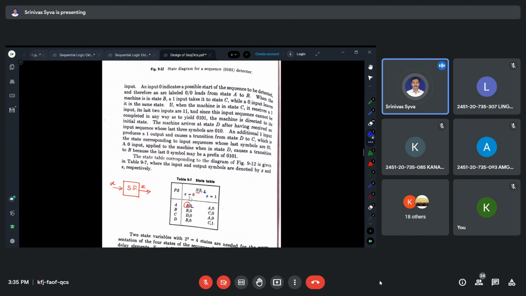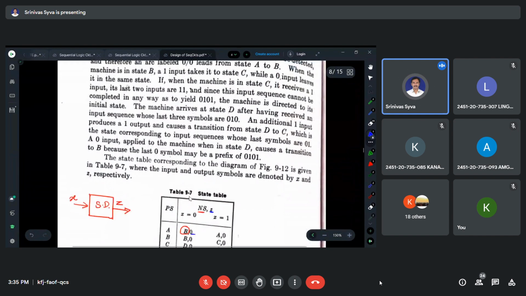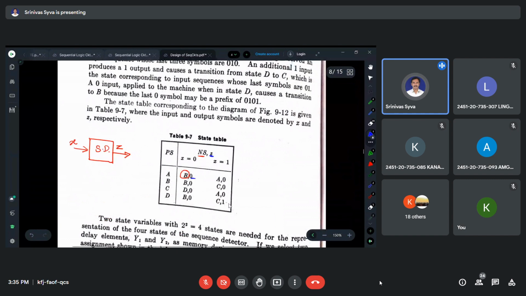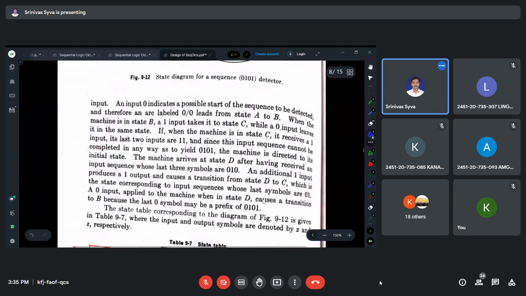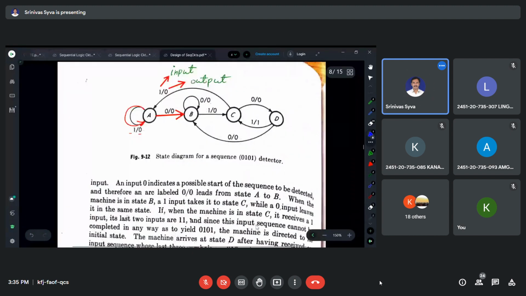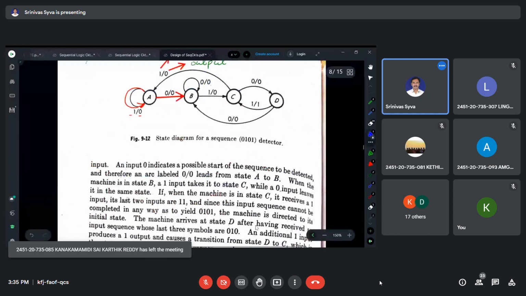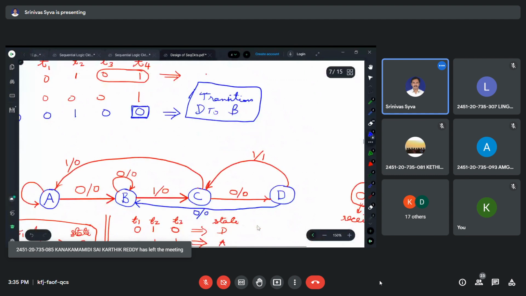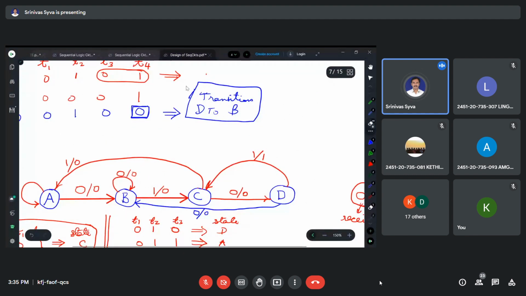The left side is the next state, and the right side entries are the output Z. Are you able to see? I will redraw this once again. I will remove all this for convenience.